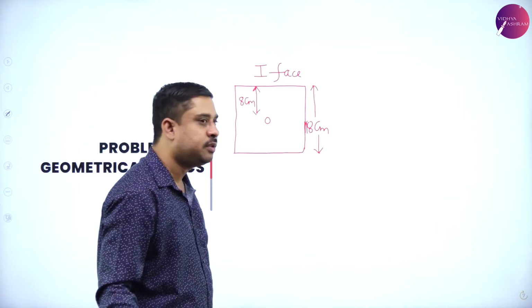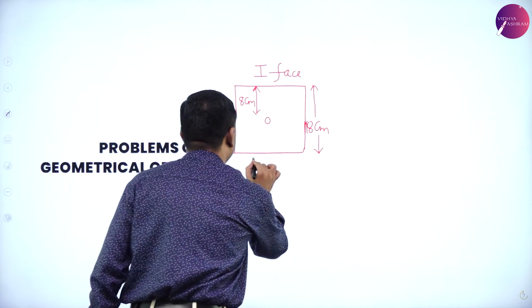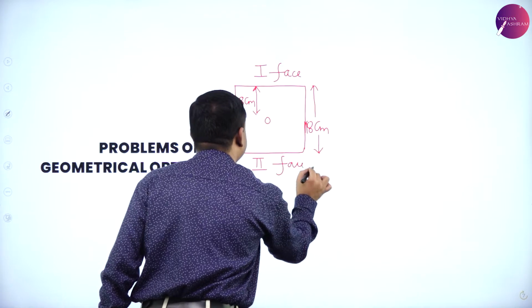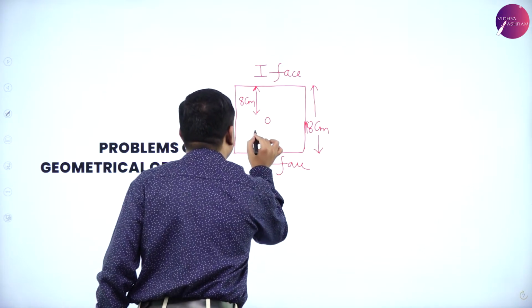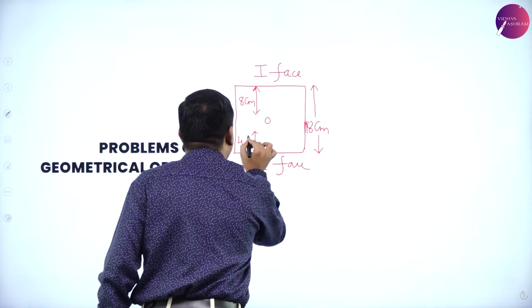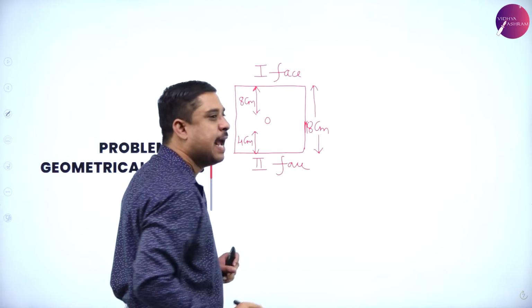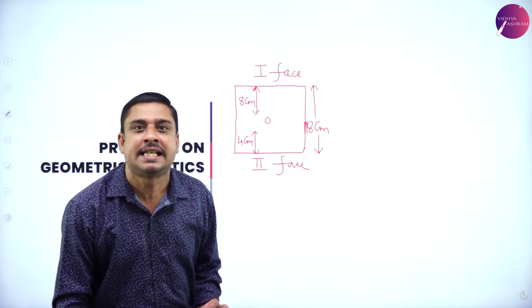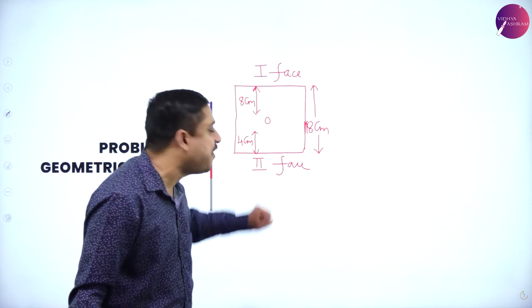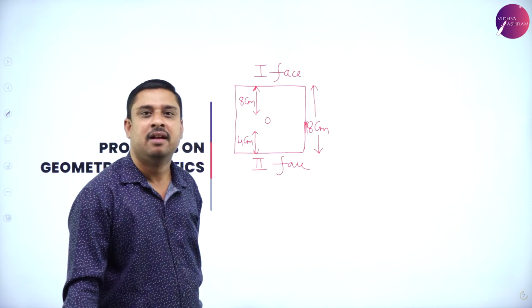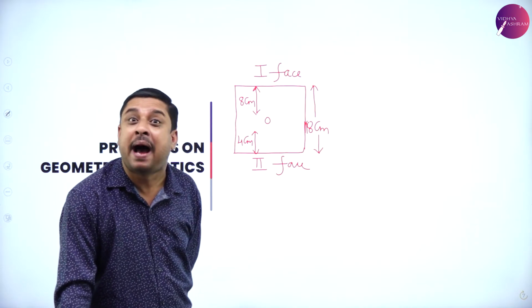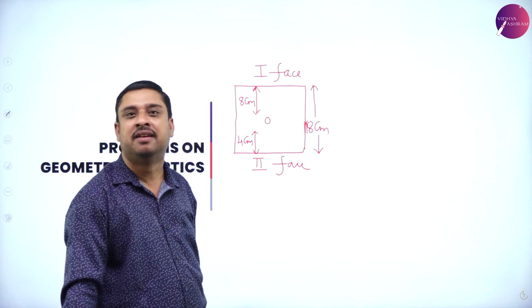Now, when I look at the air bubble from the second face, it appears to be at a distance of 4 centimeters from the second face. See, there is apparent depth in both faces.